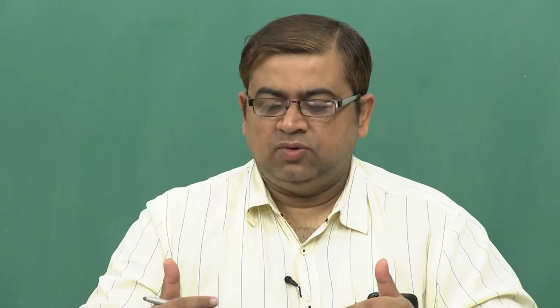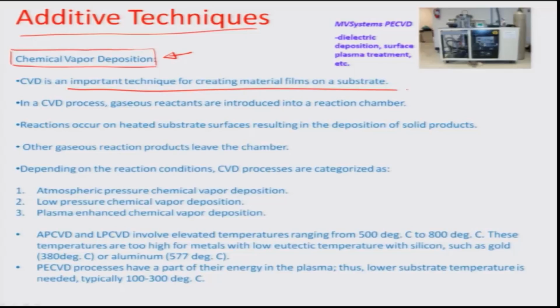So two or more gases enter a chamber, and at a certain temperature there is a reaction between these gases over the substrate, and the product which gets formed is not gaseous anymore, but some sort of solid which gets deposited over the substrate. That's how CVD is carried out.